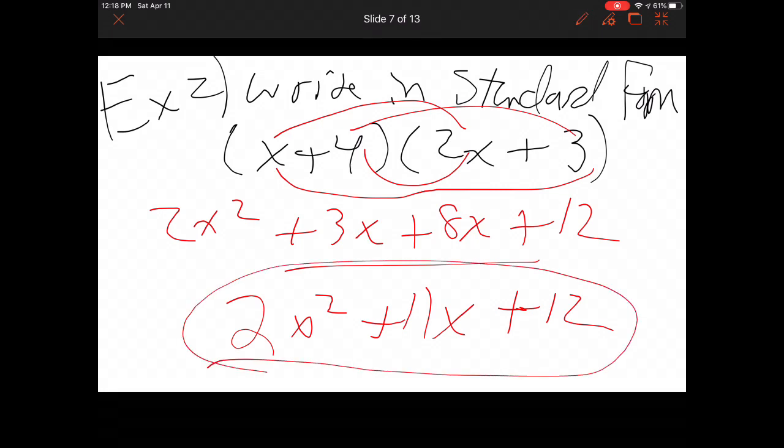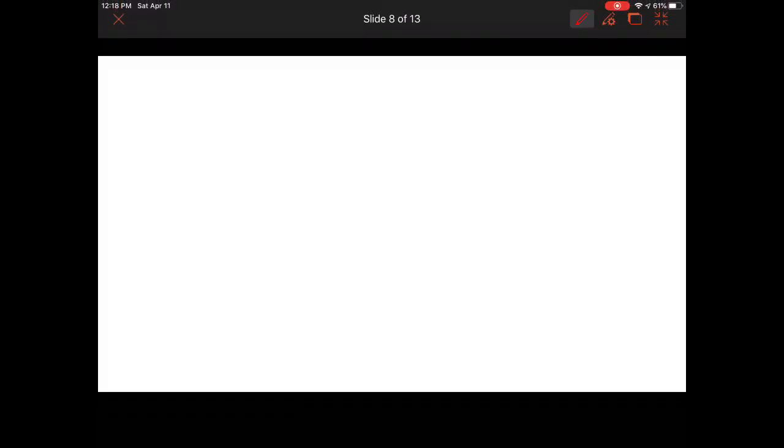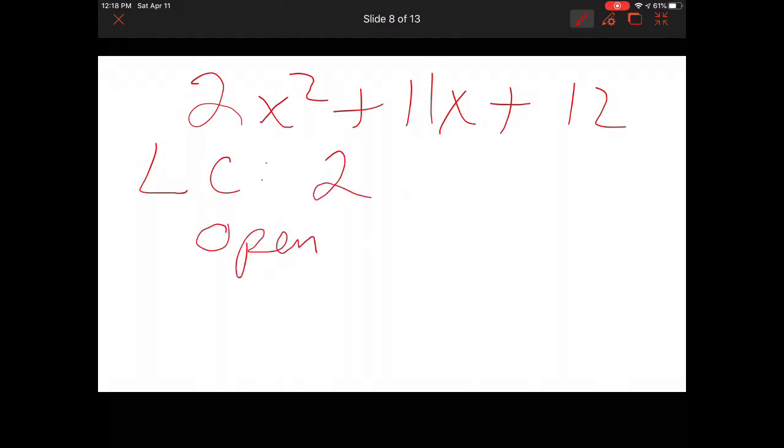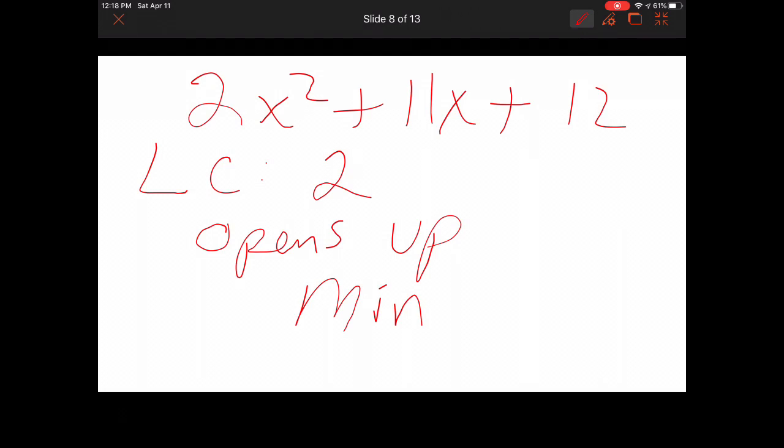But what we need to be able to do is name everything in it. So that was 2x squared plus 11x plus 12. And the leading coefficient, we'll abbreviate it with LC, is positive 2. Opens up, and it's a min. All right, so that's basically that. If the 2 was negative, then obviously it would open down and be a max.